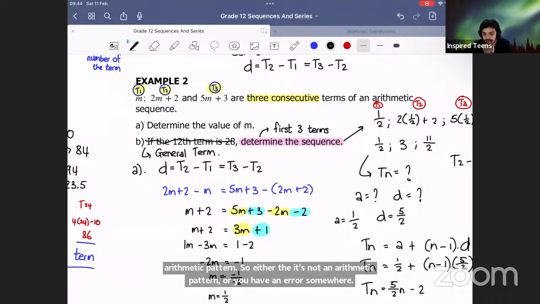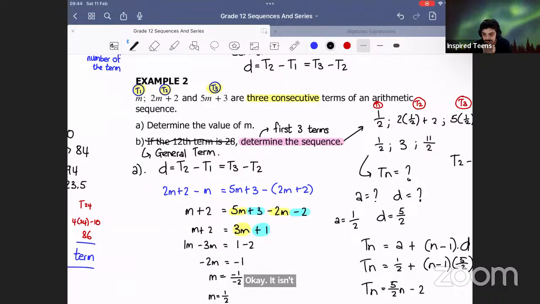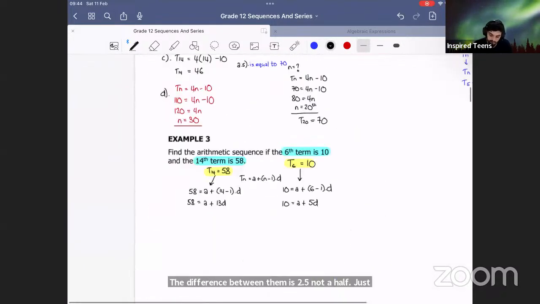Between 5.5 and 3, the difference is 2.5, not a half. Just check that again and let me know.